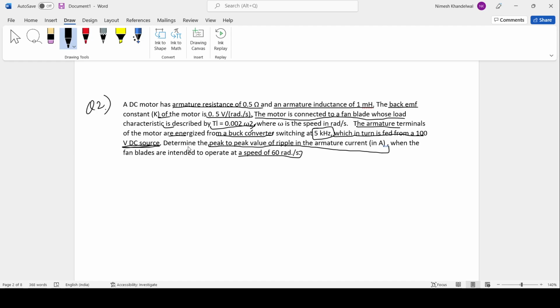We want to know the peak to peak value of the ripple in the armature current. So let us solve this. I'll first write what has been given to us already.